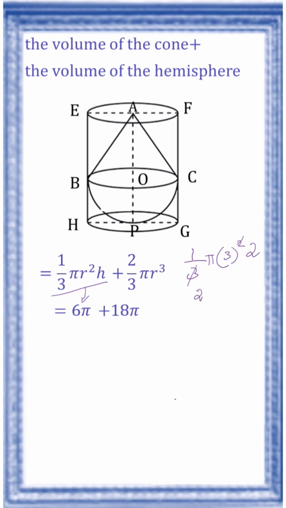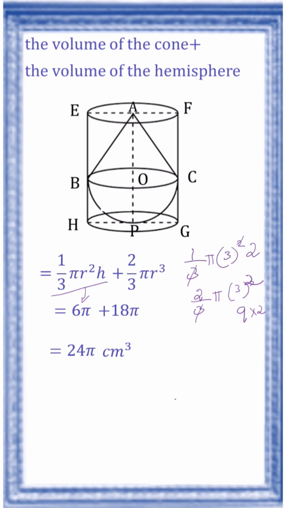Here 2 by 3 pi, r is 3 cube. Here 3 square remains. 3 square is 9, 9 into 2 is 18. 6 pi plus 18 pi is equal to 24 pi centimeter cube volume.